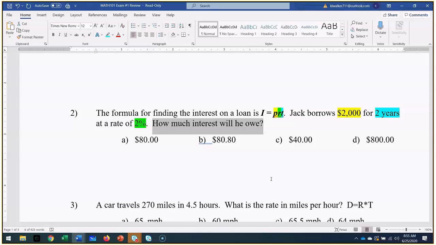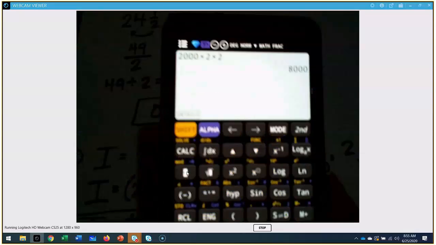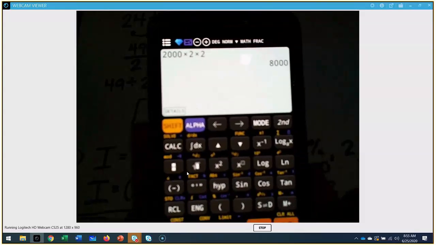If he's owing $8,000 worth of interest, which, by the way, it's not even a choice here, if he owes $8,000 worth of interest on a $2,000 loan after taking it out for just 2 years, he got screwed. Loan sharks. Yeah, he got a rate of 200%, not 2%. So just watch for things like that. That's an indicator. If you're getting that answer, it's an indicator that you forgot something. Here is what it will come out. 2,000 times 2 times 2, that's way too high. You forgot to do something.